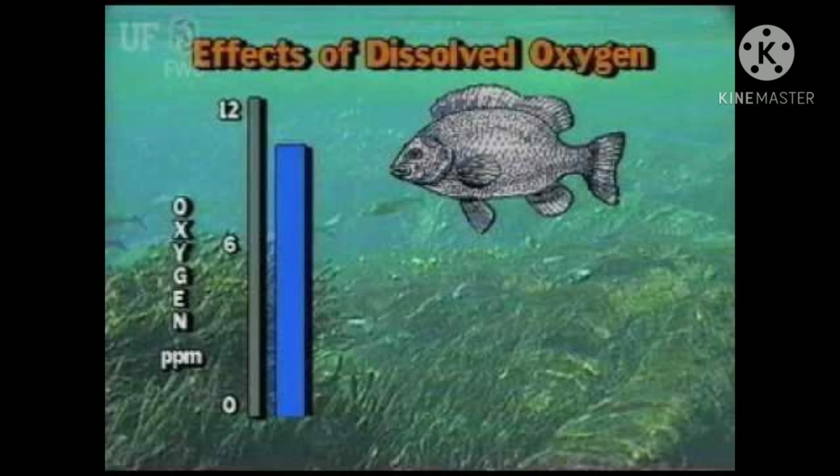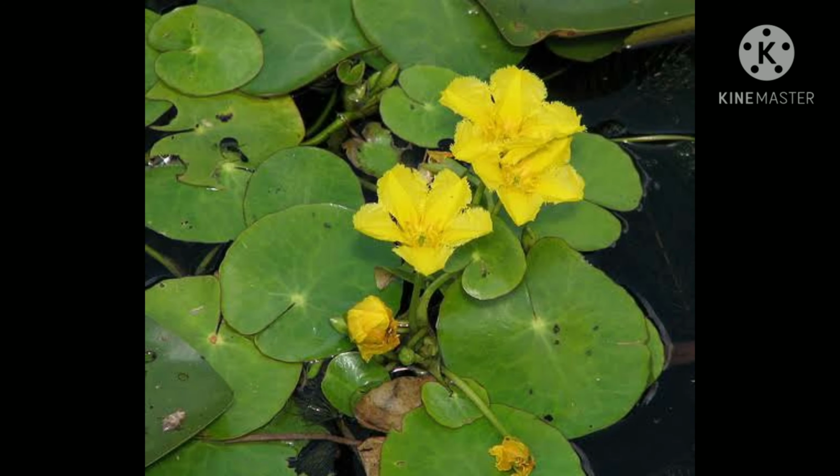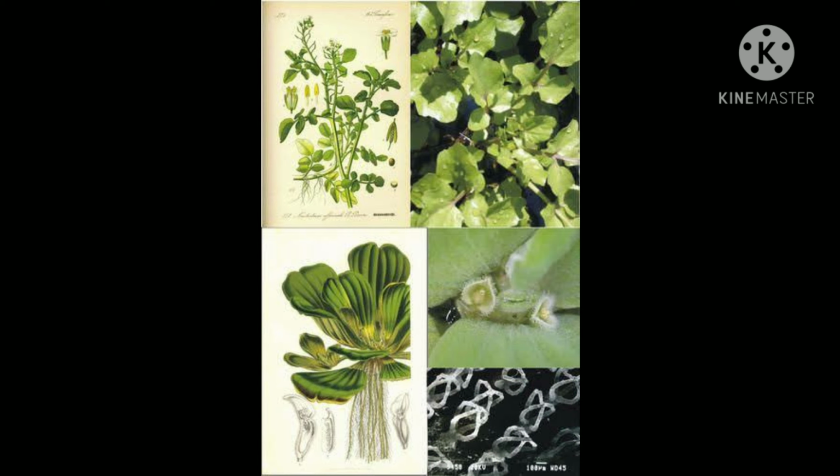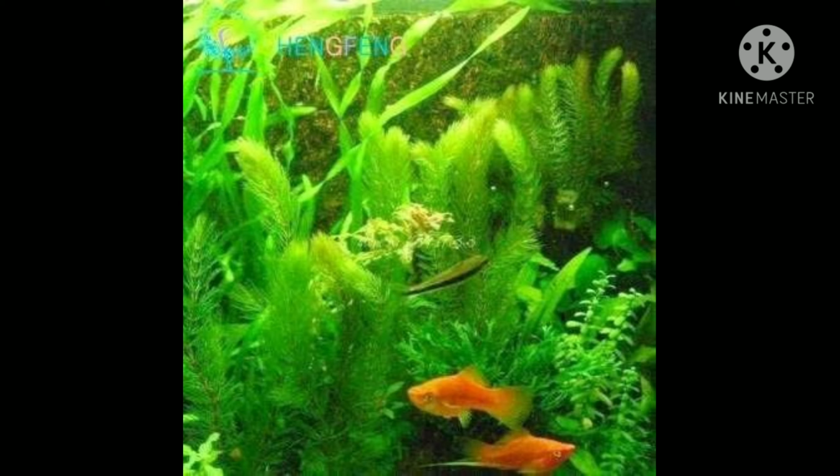Then doubt number 4. How do these plants absorb the minerals and nutrients? This is a big doubt among us, and this is the big challenge for the plants to absorb the minerals and nutrients by which they grow and start flowering. These plants absorb nutrients from the water, but only dissolved nutrients can be absorbed by these plants.